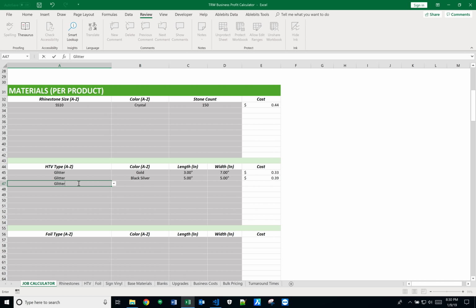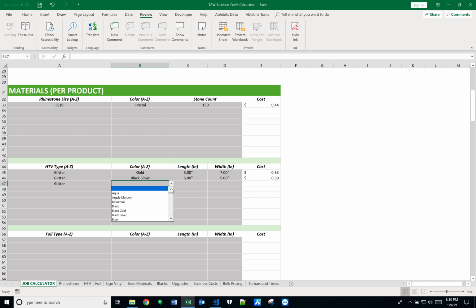And then we'll do glitter and maybe, let's do royal blue, and that's going to be 4 by 9. Okay, so we can see our different costs for HTV here are all automatically displayed.